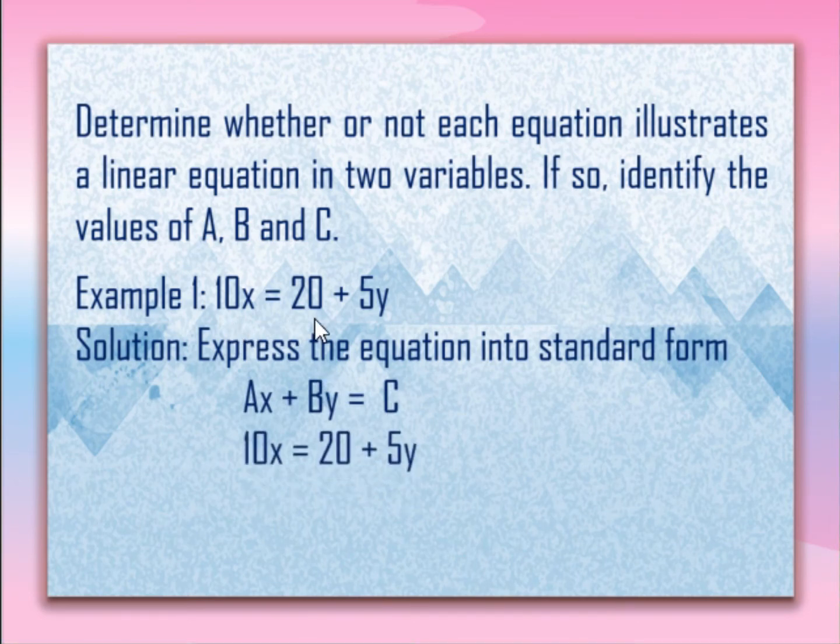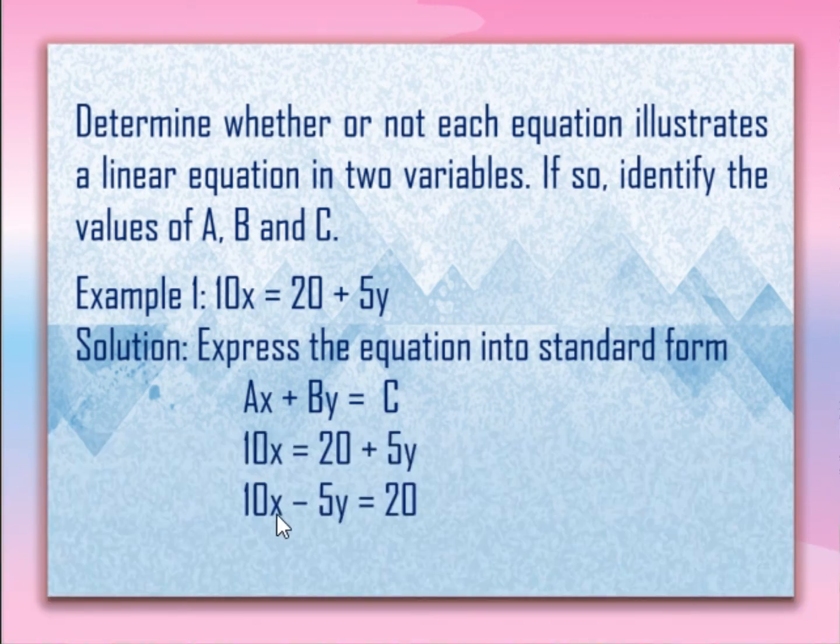Given is the equation 10x is equal to 20 plus 5y. Here, we need to use the addition property of equality, so positive 5y will become negative 5y when moved to the left side of the equal sign. Therefore, we will now have the equation 10x minus 5y is equal to 20.